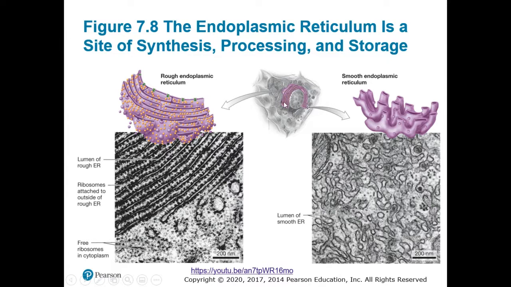So we're looking at the entire endomembrane system. One aspect of it is the rough ER. Another section of it is the smooth ER. So electron microscope and actual image and computer image right here.